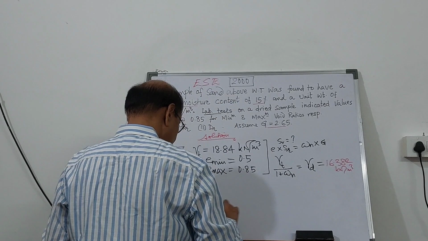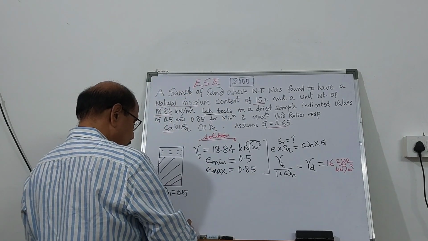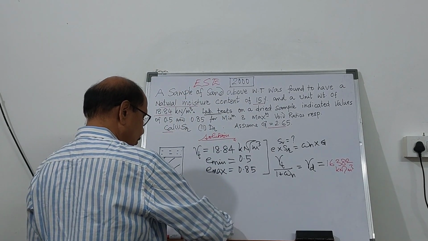And we know that gamma d equals G gamma w upon 1 plus E.